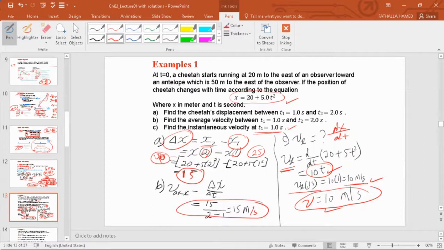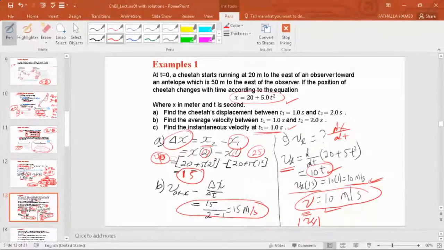And if you want to evaluate that at 1 second, you're using 1 for t, and that will give you 10 meters per second. That's now your Vx. Now I can add v, by the way. You know that v is the absolute value of Vx, which will equal 10 meters per second.